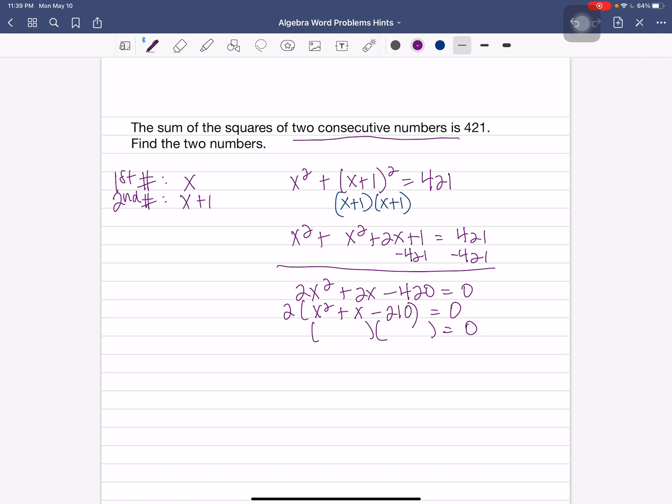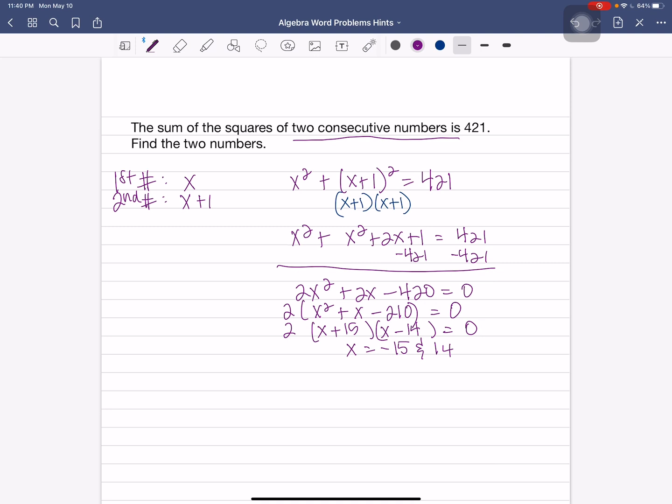So factors of negative 210, I just want to double check this real quick here. 210 divided by 15 is 14. So this will be x plus 15 and x minus 14. So your two values are negative 15 and positive 14.